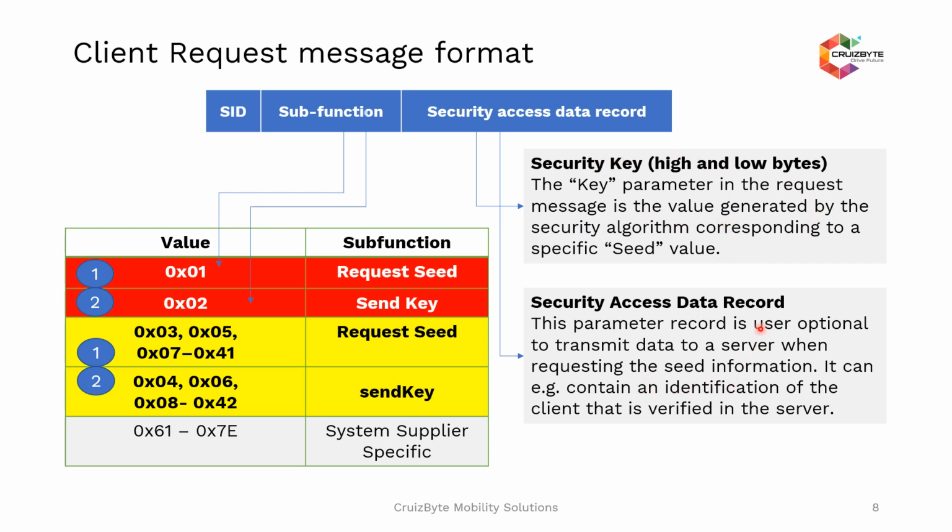And one more record is possible where you can send the address or the unique ID of the tester, in order for the ECU to authenticate that a valid tester is connected to the ECU server. This is also one more record possible which can be sent along with the request message.